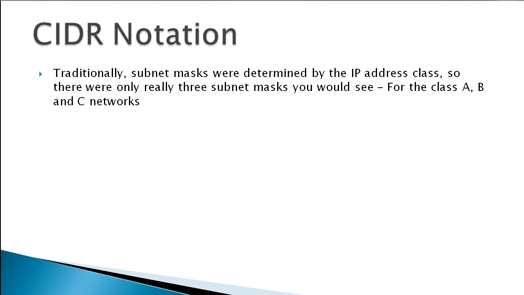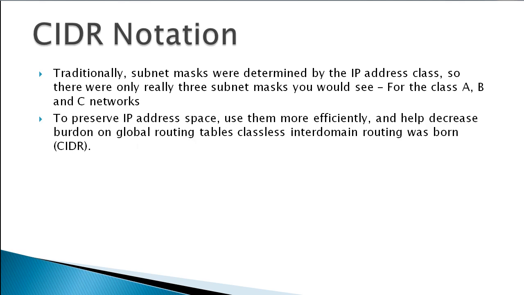So you only really ever saw three different subnet masks out there. You had 255.0.0.0, 255.255.0.0, or 255.255.255.0. Those were the only three that you saw. Well, to preserve IP address space and use it more efficiently, and also to help decrease the burden on the global routing table on all these routers out there, they came up with something called classless interdomain routing, or CIDR.